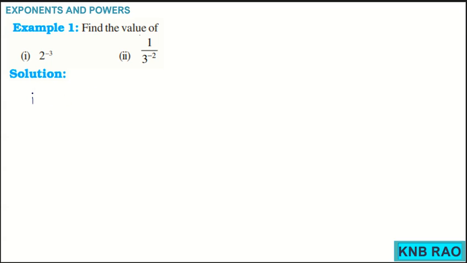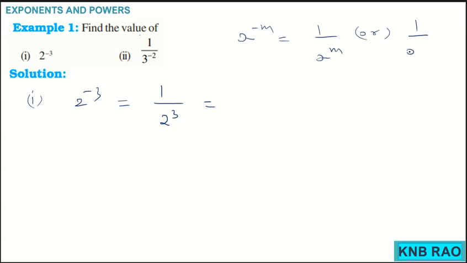Solution. Coming to question 1, 2 power minus 3 can be written as 1 upon 2 cube, since we can write a power minus m as 1 by a power m, or 1 by a power minus m can be written as a power m. So both you have already learnt.